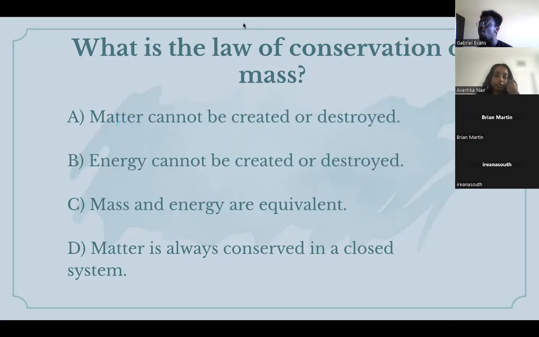It is A. So basically you cannot create matter, nor can you destroy it. This is really important in chemical equations. When you're balancing equations, the reason you balance them is because you can't have more on the reactant side than the product side. That would go against the law of conservation. Does that make sense? Does anybody have any questions on that?